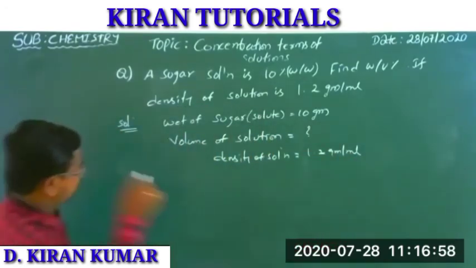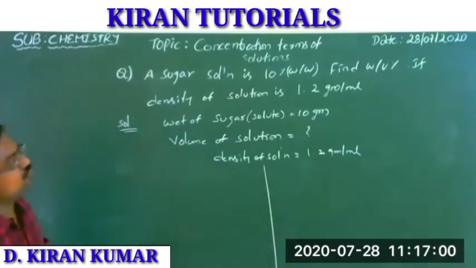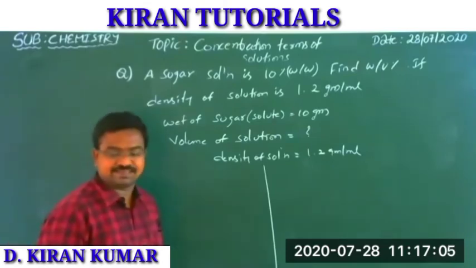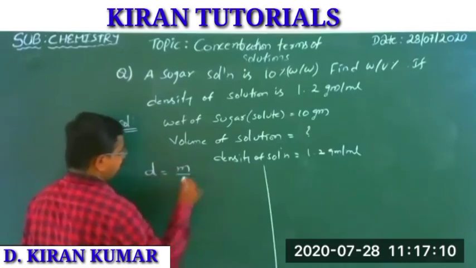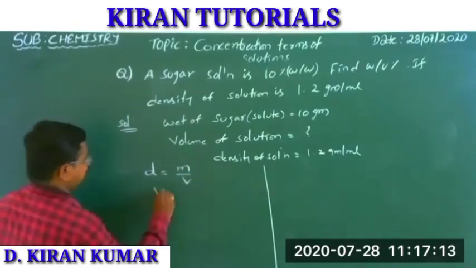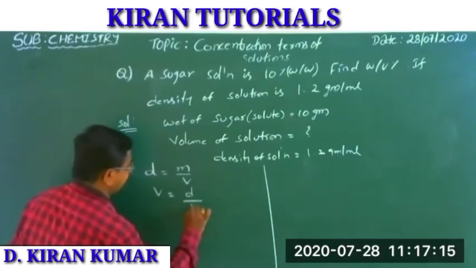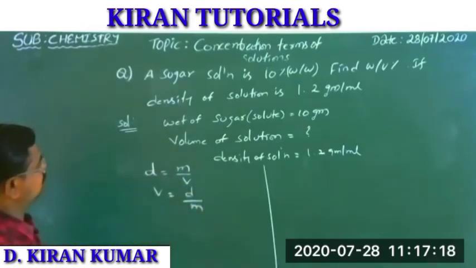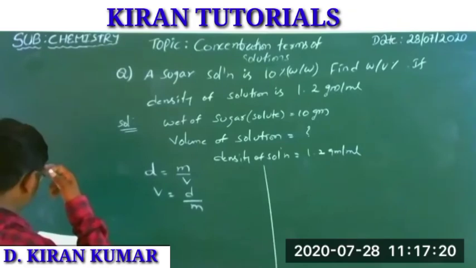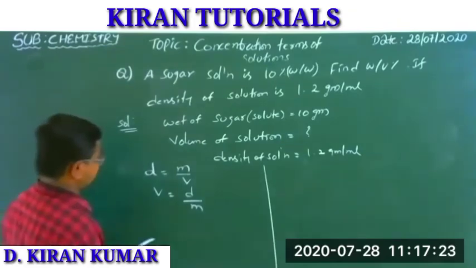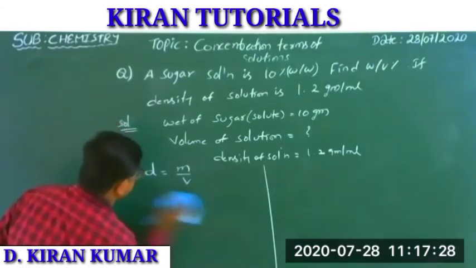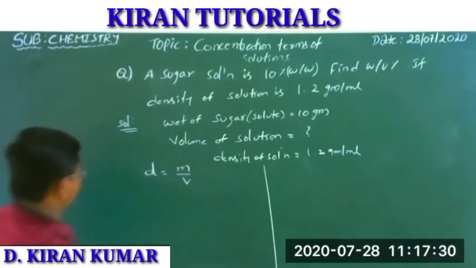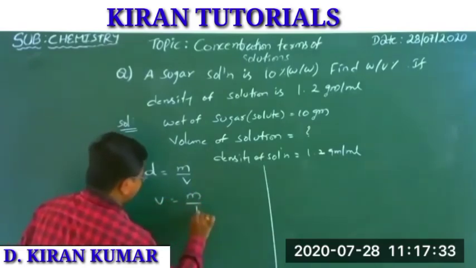So we have to find first the volume, after that the weight by volume percent. Clear? So density is equal to mass by volume. Then volume is equal to density by mass. Okay? Sorry, mass by density. Volume is equal to mass by density.